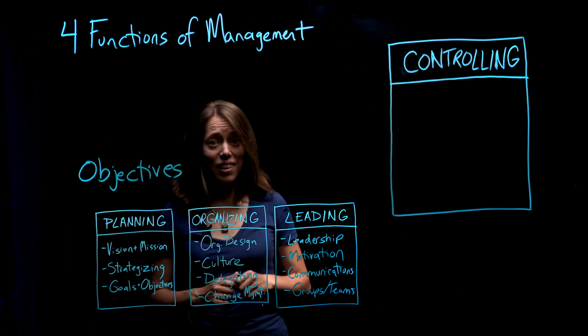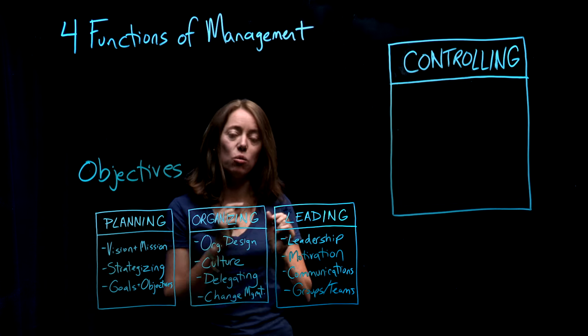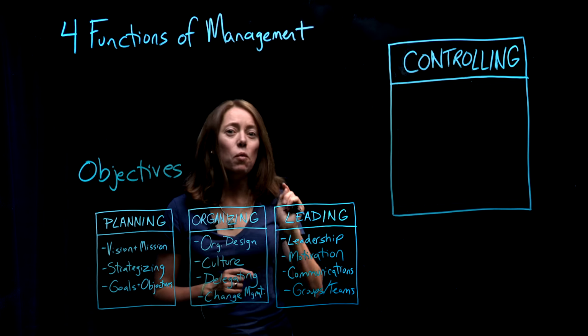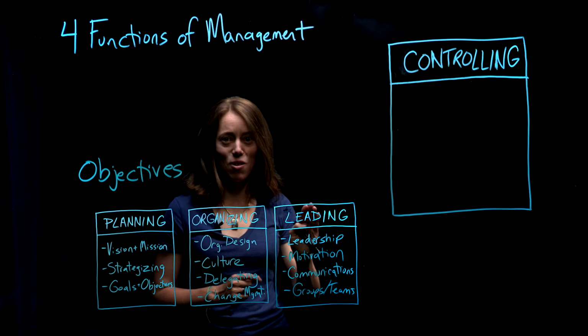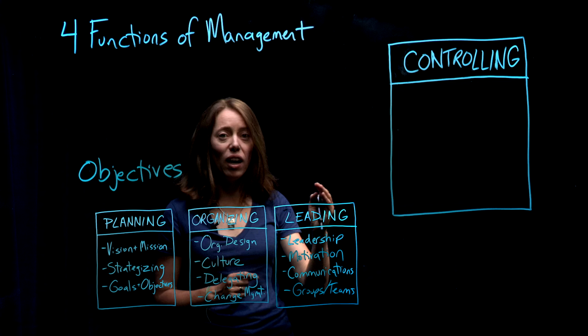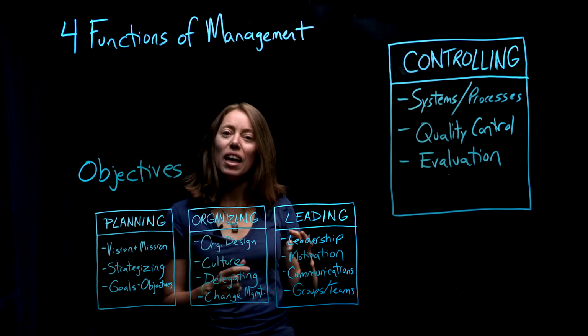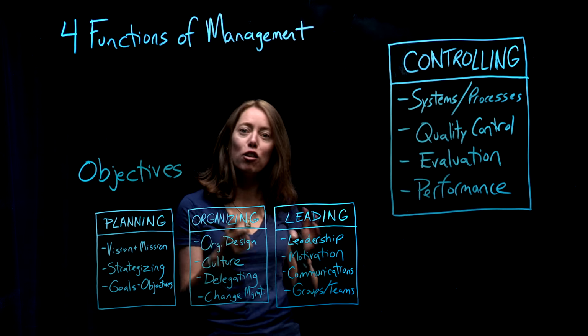we're controlling. When we look at controlling, this will be the function we look at the least in this course. Please don't think that there's not importance there, though, because there's great importance in evaluation, in feedback, in identifying performance and performance appraisals of your people.